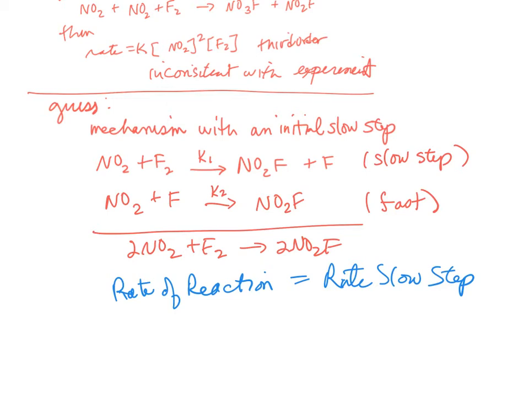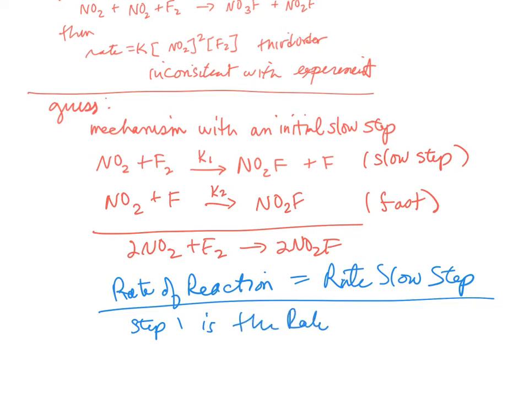So we use this as a very good rule, and we can immediately say then that for this mechanism with 2 steps, the first step is going to be the rate determining step. So for this case, step 1 is the rate determining step.